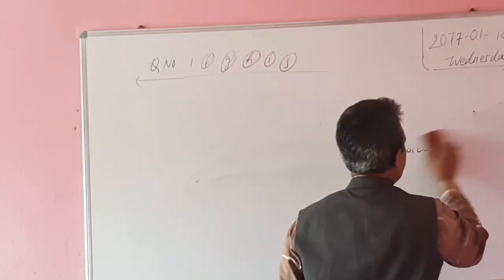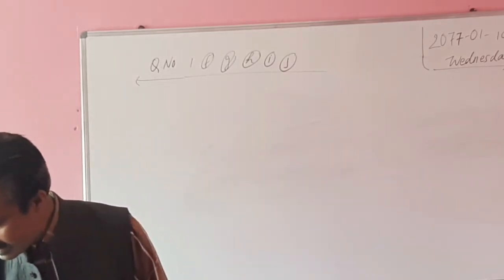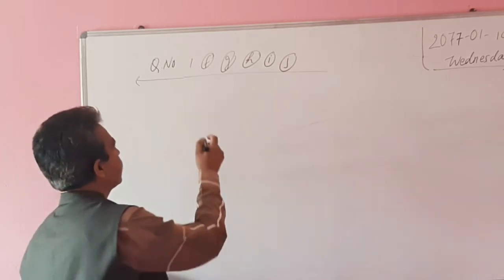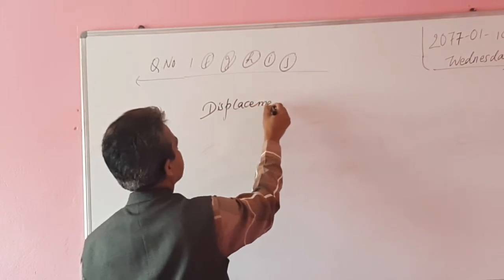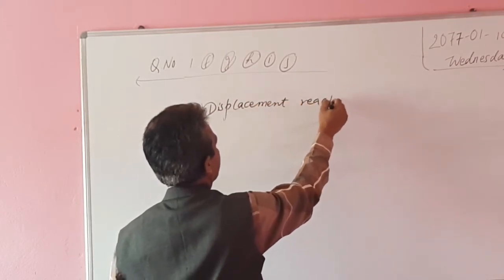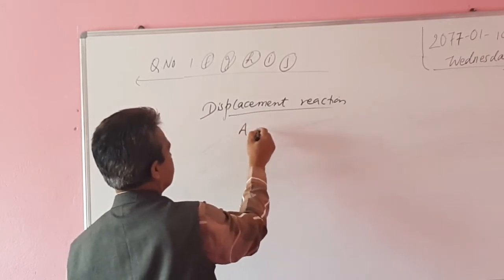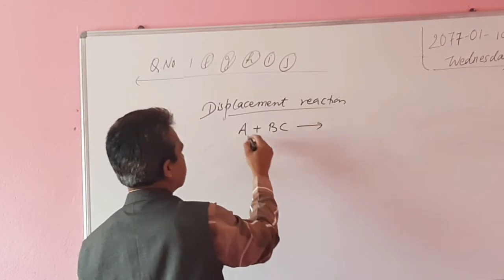Students, now what are we going to discuss? Next question, that is, what is displacement reaction? What is displacement reaction? So for that you have to remember, suppose here is one radical A and there are BC, two radicals.